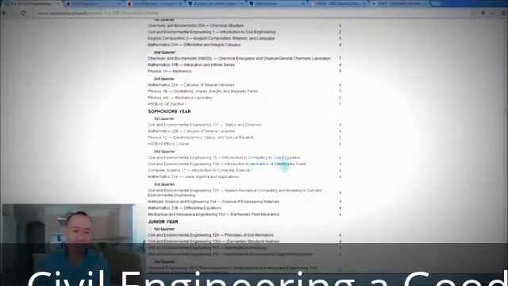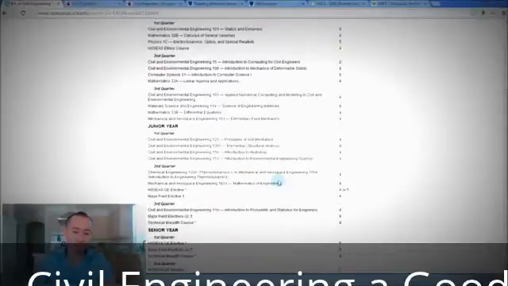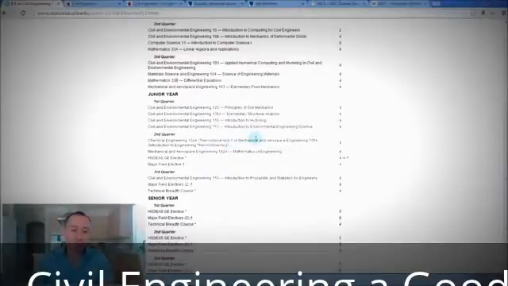Then you start getting into really basic classes like mechanics of deformables, which is basically studying very basic things like shear stress and how a beam would bend. But what really separates civil engineers is an emphasis on studying soil and a bit of geology, more like how the ground works, which is obviously really important, and a lot of structural analysis, basically putting numbers to the way structures behave.